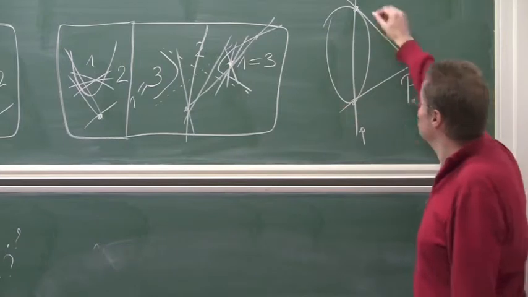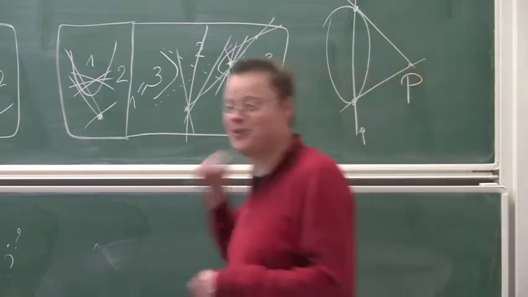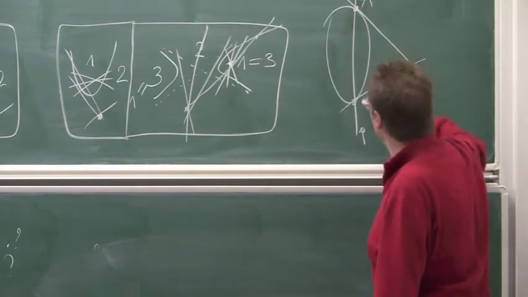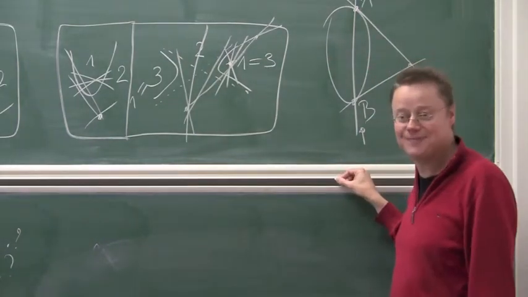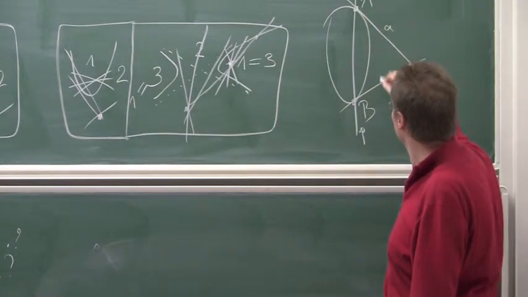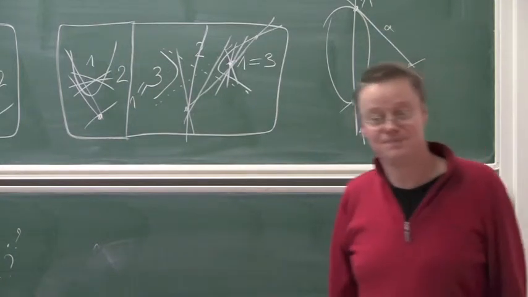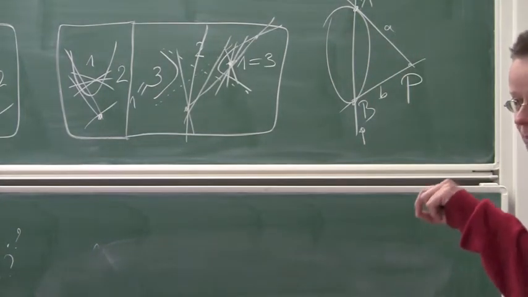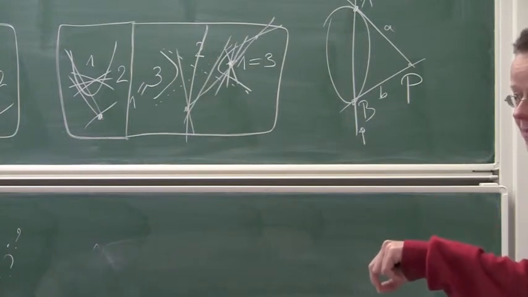So usually, to avoid this, I formulate things the other way around. I say, well, we have 2 points, A and B on the conic. I take the 2 tangents, which are, of course, lowercase a and lowercase b. Yeah, because the polar line of a point on the conic is the tangent line.